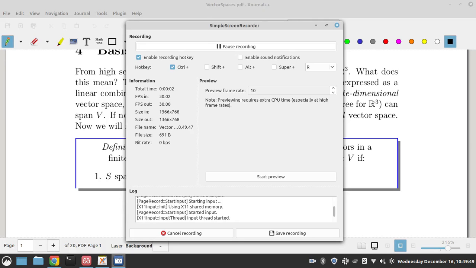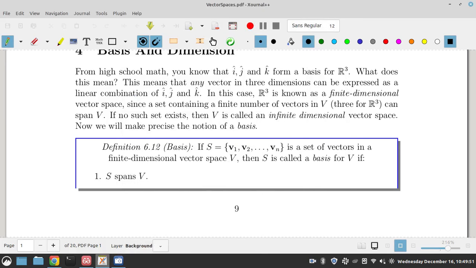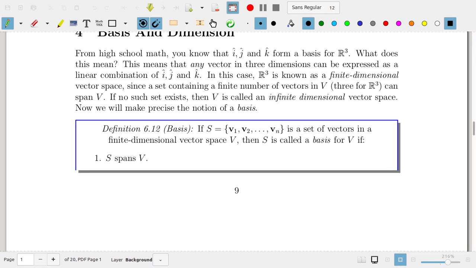Okay, so in the previous lecture on vector spaces, we looked at the idea of a vector space. We looked at the idea of vector subspaces.